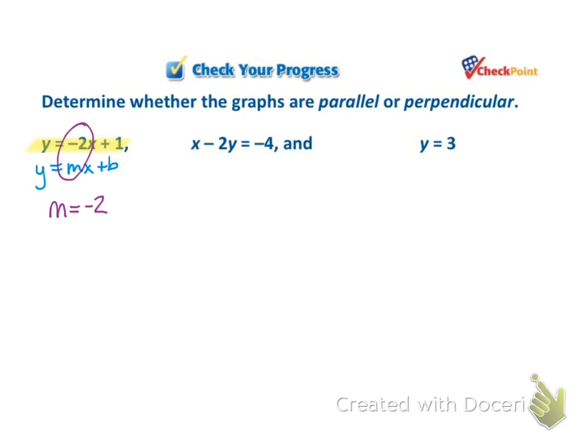That's in ax plus by equals c. We don't know the slope from that, but we can rewrite it by getting the y alone. Negative 2y equals negative 4 minus x. Divide everything by negative 2. And we get that y equals 2 plus 1/2 x.